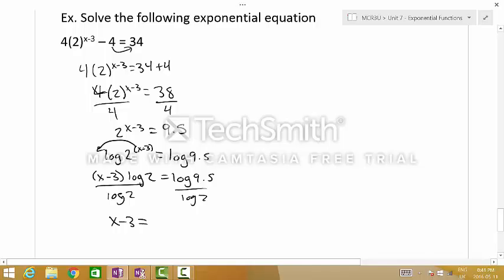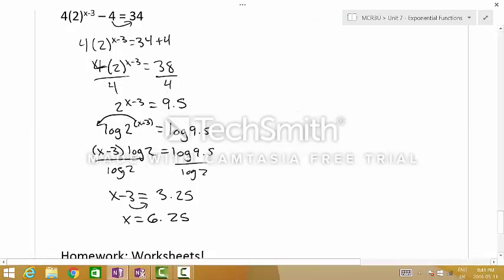We get x minus 3 equals log of 9.5 divided by log 2, or 3.25. Finally, that minus 3 becomes a positive 3, giving us, on the other side, x equals 6.25.